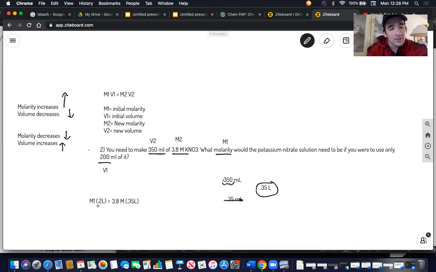So I'm solving for M1 here, so I'm going to divide both sides by 0.2 liters. That gives me M1 equals 3.8 molar times 0.35 liters, and I simply divide that by 0.2 liters. Let's use my calculator on my phone: 3.8 times 0.35, and I divide that by 0.2, and that gives me 6.65 molar.